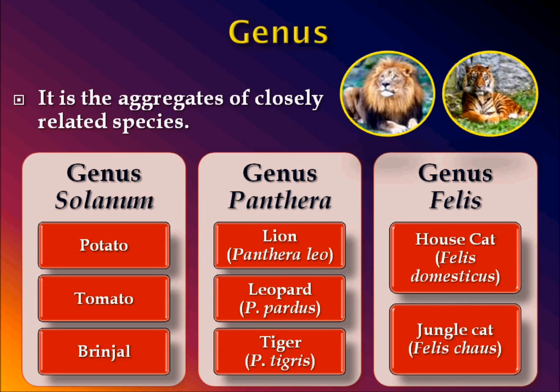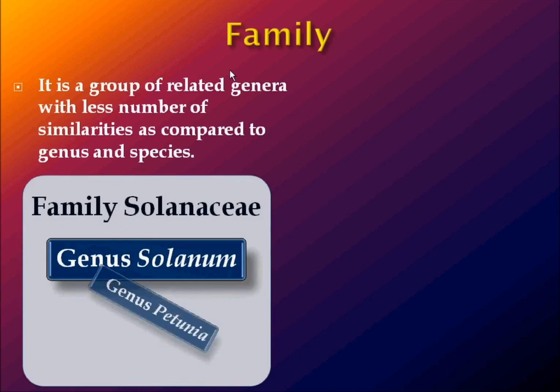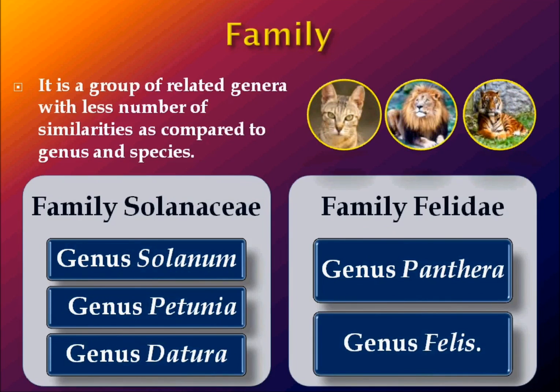Now let us proceed with another taxa, that is family. So it is a group of related genera, means group of related genus with lesser number of similarities as compared to genus and species.